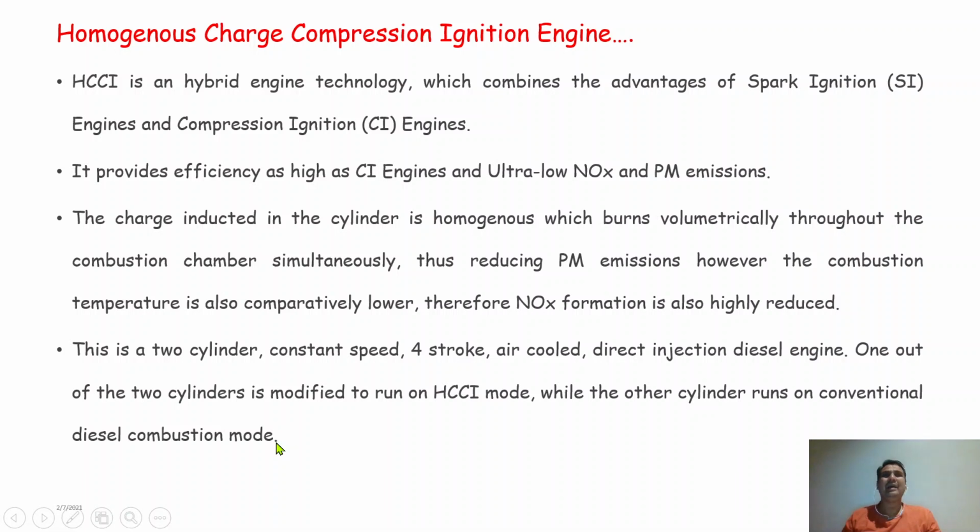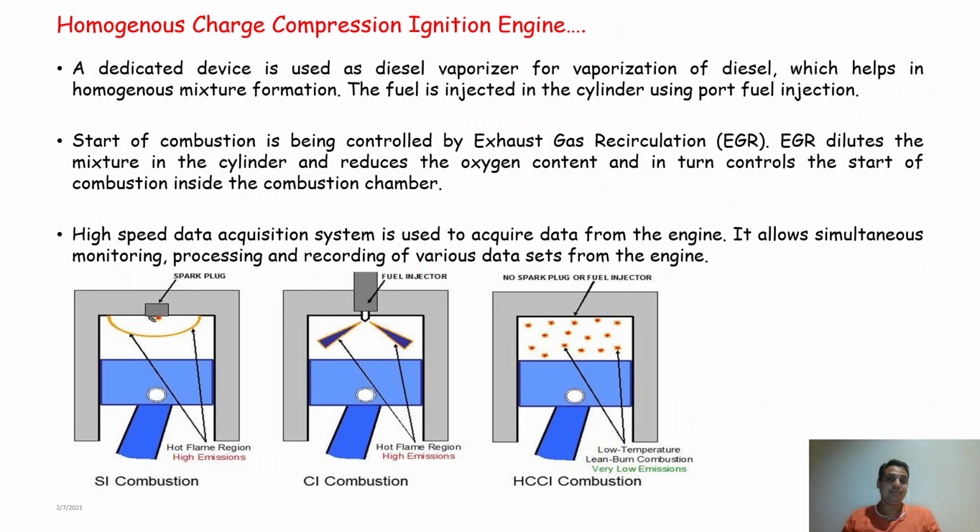So again, a variety of work is going on in this regard, and a few more things are coming in the market from whatever is being investigated about the homogeneous charge compression ignition engine. A dedicated device is used as a diesel vaporizer for vaporization of diesel, which helps in homogeneous mixture formation, and so the fuel is injected in the cylinder using port fuel injection.